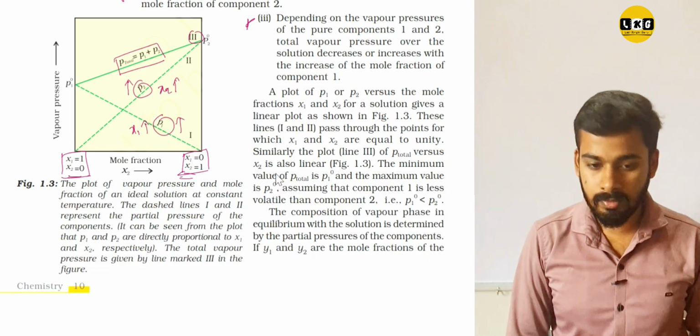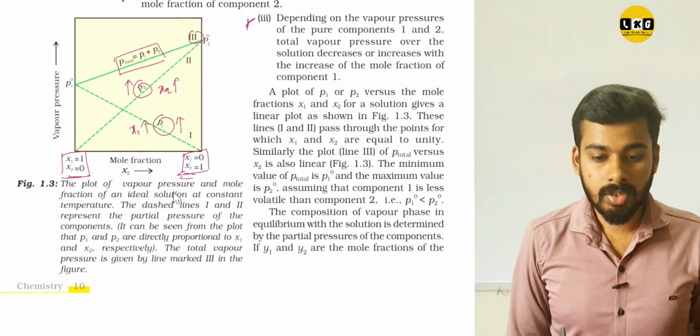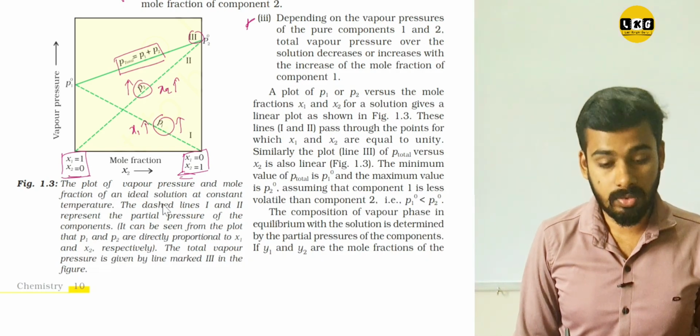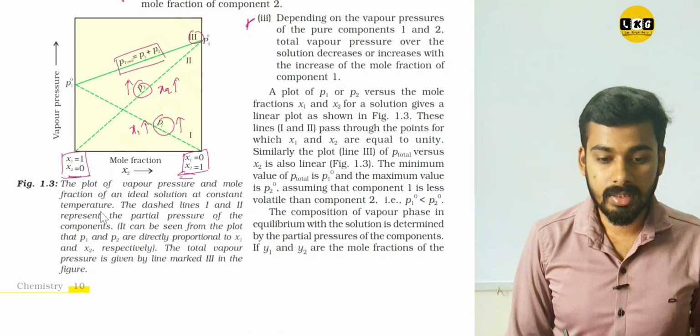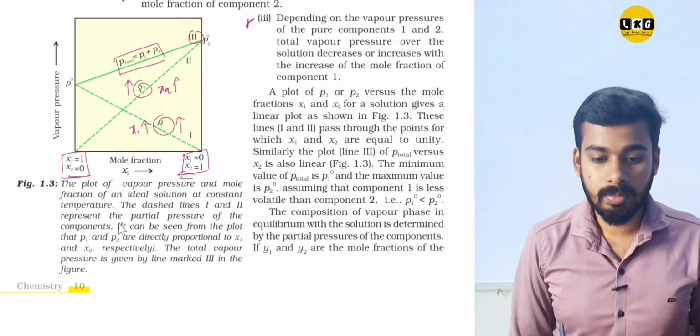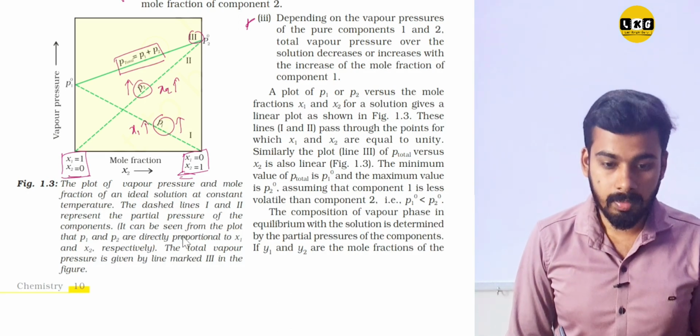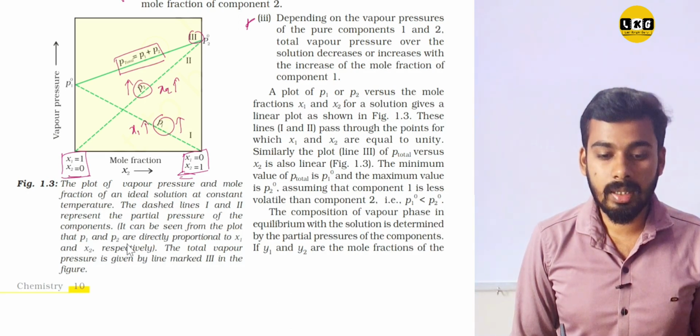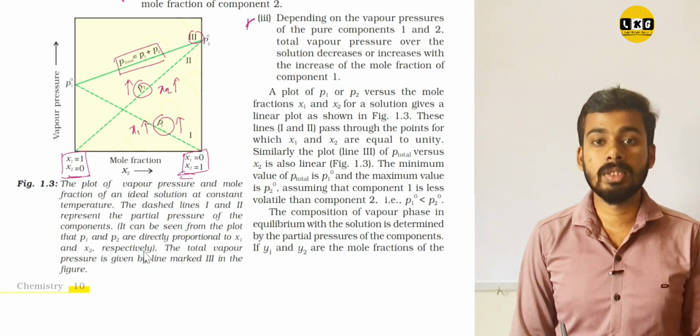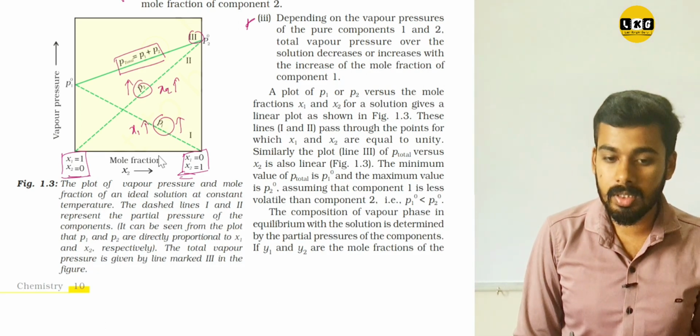This is the graph: the plot of vapor pressure and mole fraction of an ideal solution at constant temperature. The dashed lines 1 and 2 represent the partial pressures of components 1 and 2 respectively. It can be seen from the plot that P1 and P2 are directly proportional to x1 and x2. Just now I told you, as x1 increases, P1 also increases.